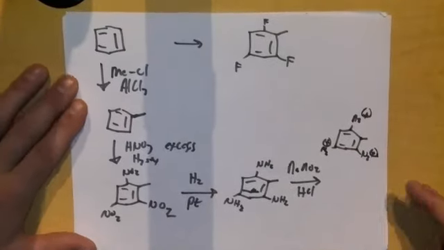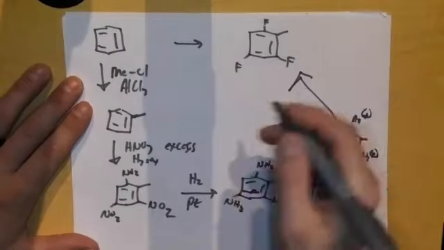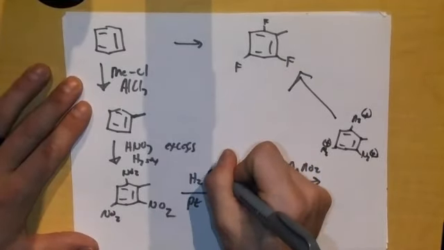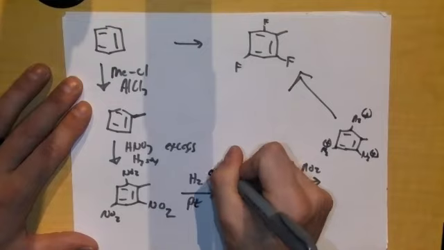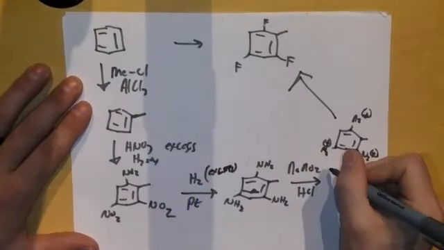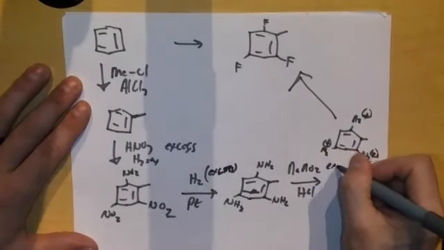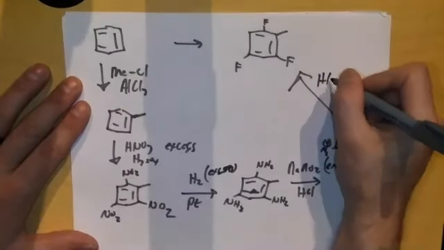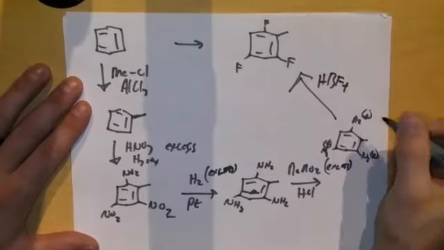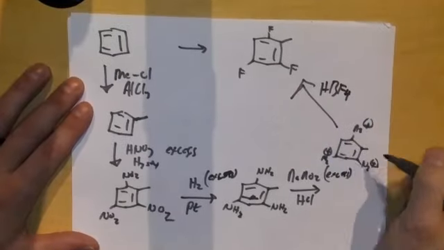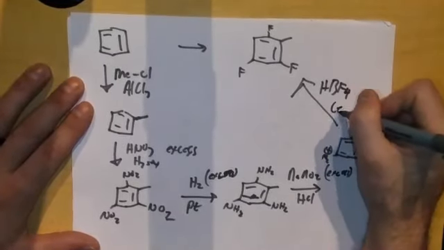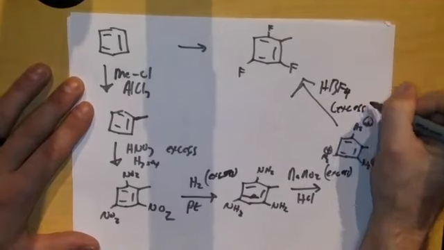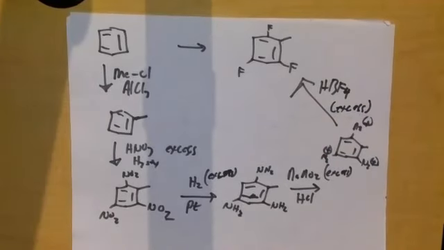And then I guess they should all be in excess, although technically, because it's not selective, you could just write normal. But HBF4, in order to replace all these diazoniums with fluorines, will get us to our final product.